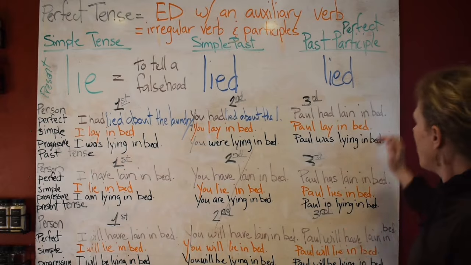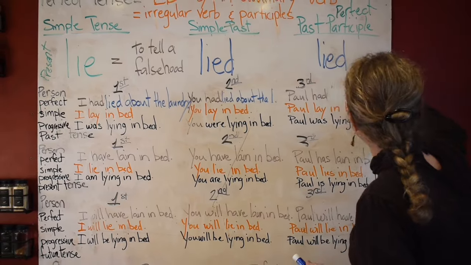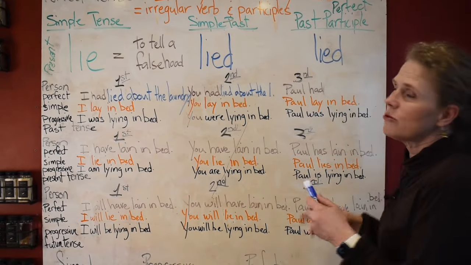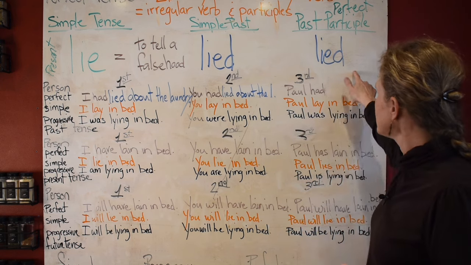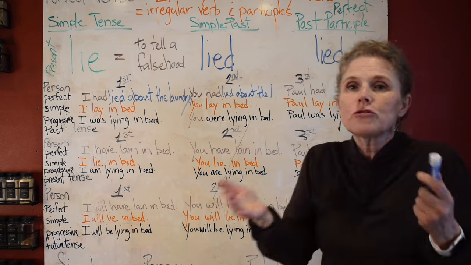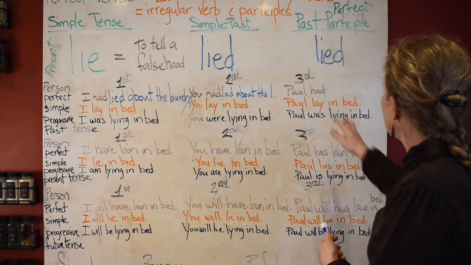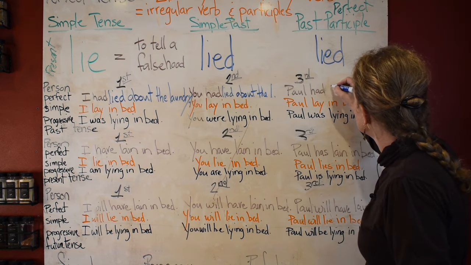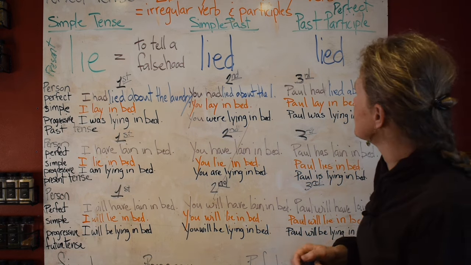And then Paul had... And you have to change it. You can't use lain. Right? And you can't use lay if you're using it as in you're telling a falsehood, a fib. Paul had lied about.